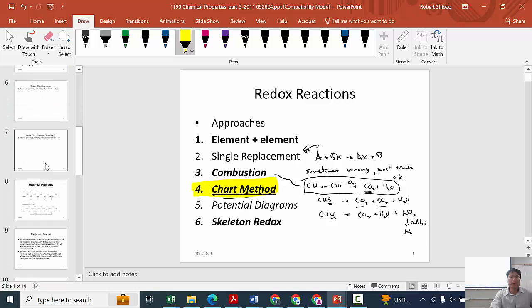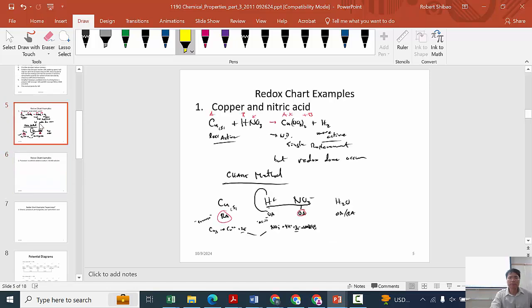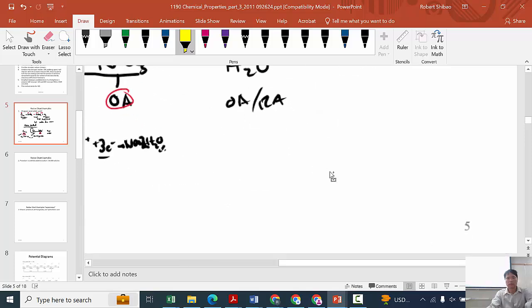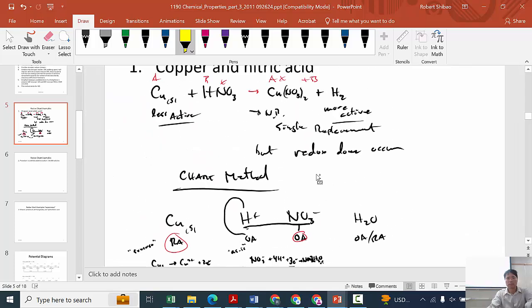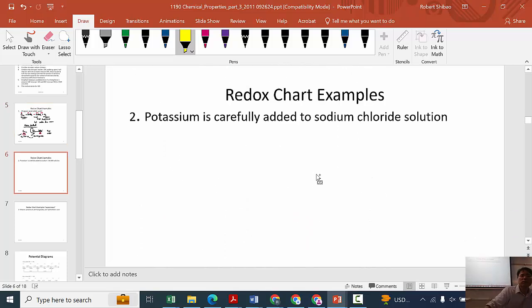But we're going to go on and look at some other stuff too. So single replacement didn't work for copper and nitric acid, but the chart method does work.